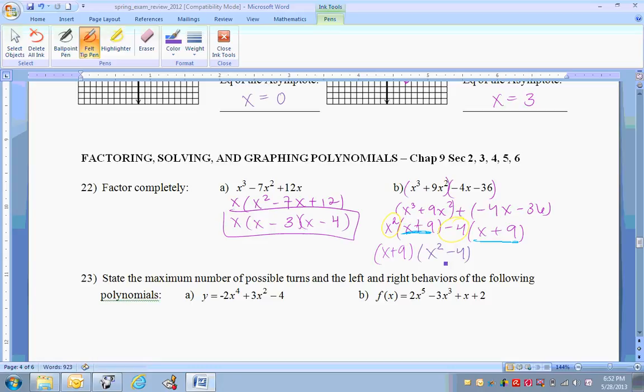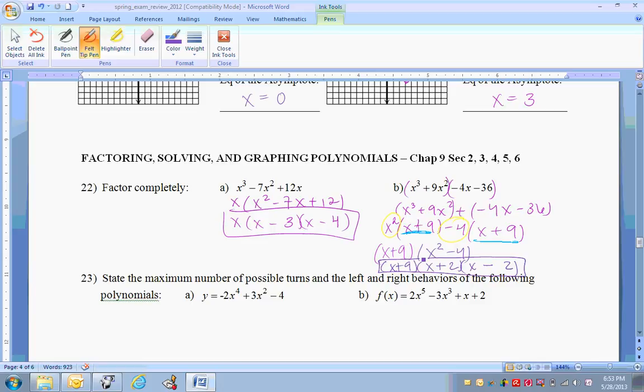Well, in here we notice that x squared minus 4 is a difference of perfect squares. So we keep bringing down that x plus 9. And remember, for a difference of perfect squares, you put the square root of the first term as your first base, the square root of the second term, which is 2, as your second base, and then one gets a positive and one gets a negative.